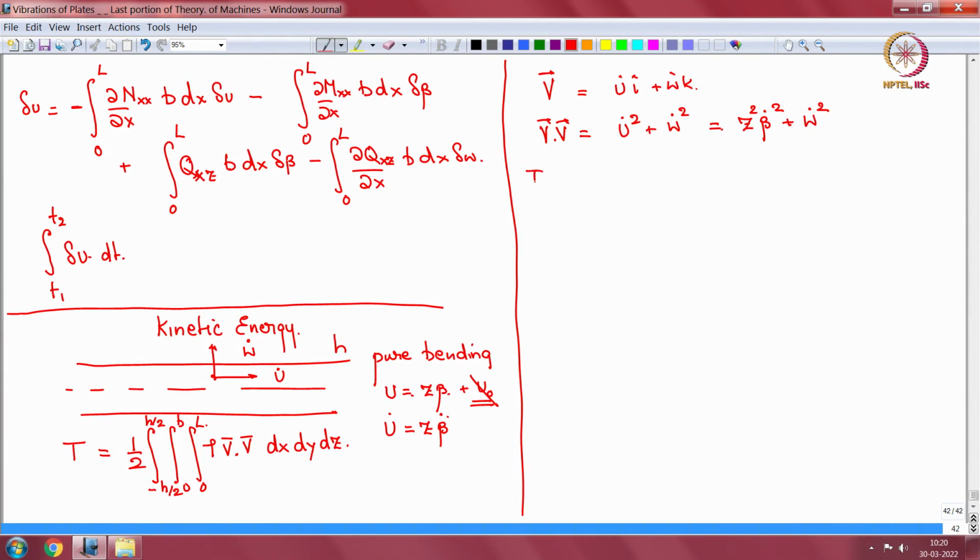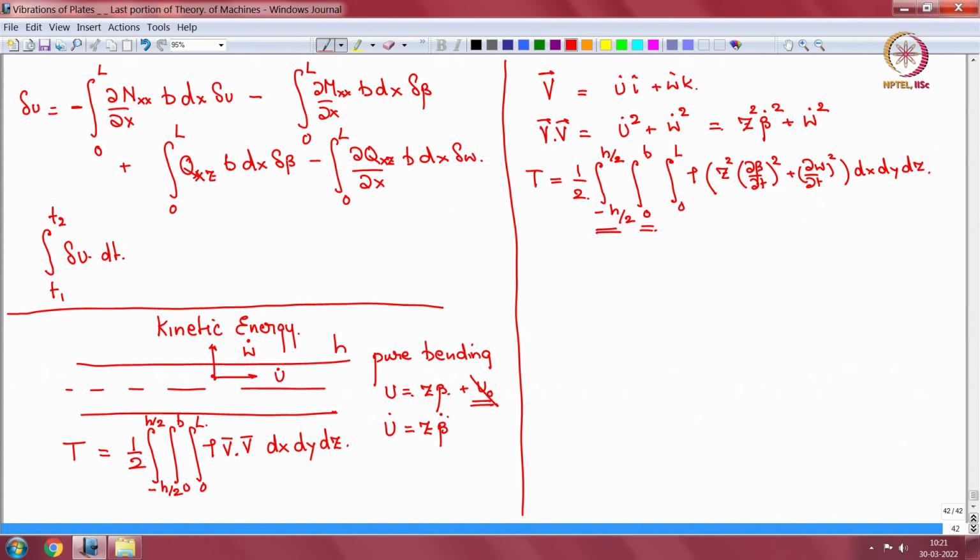So now my kinetic energy is 1/2 integral minus h by 2 to h by 2, integral 0 to b, integral 0 to L, rho z square del beta del t whole square plus del w del t whole squared, dx dy dz. We will do the h and b integral.